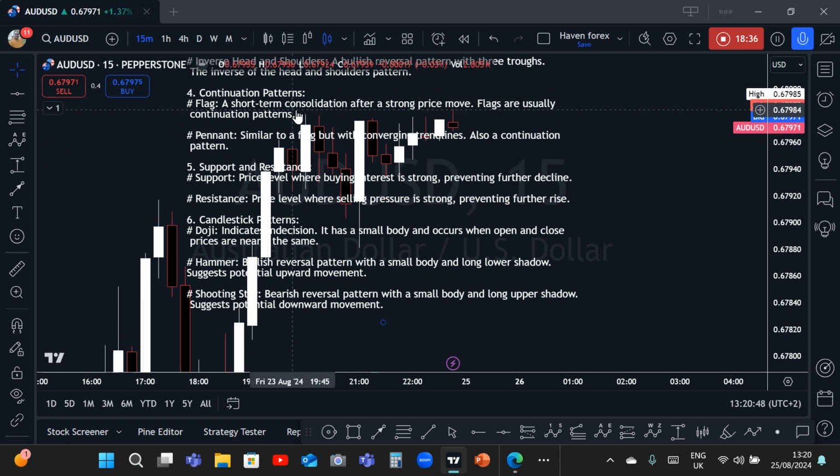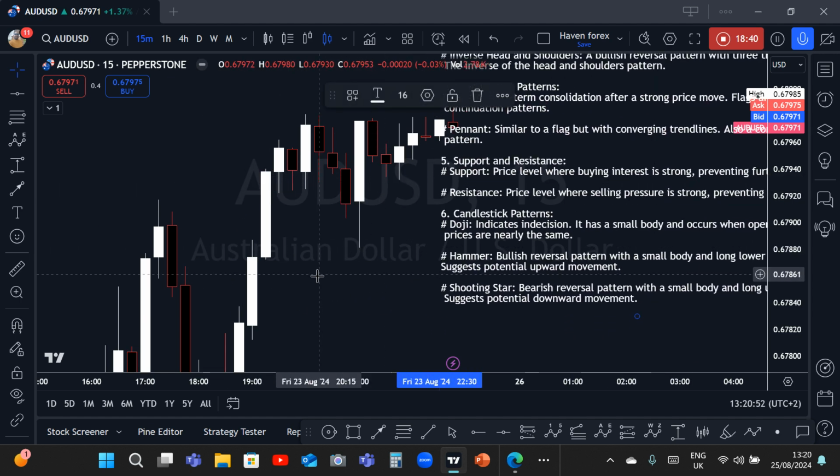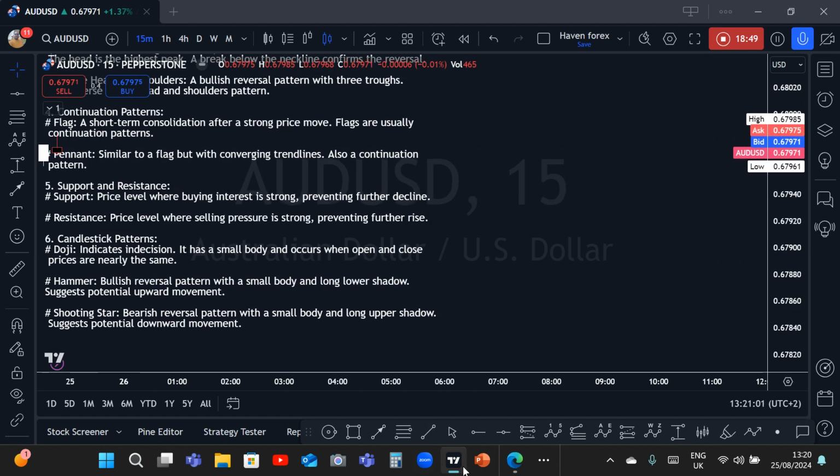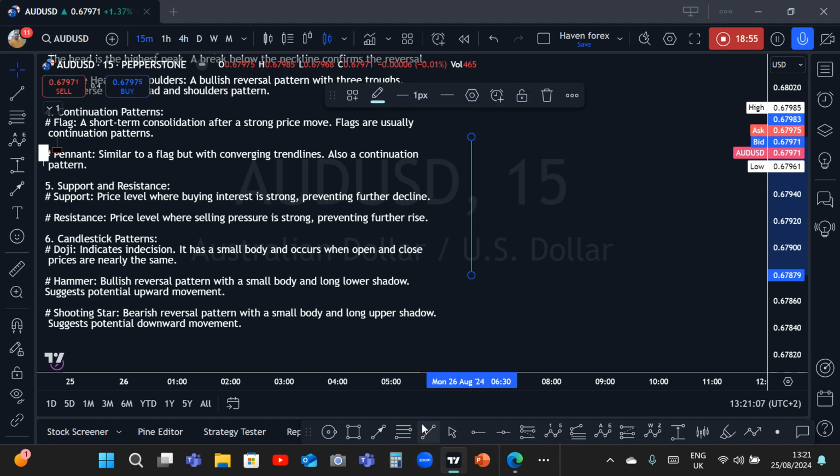A short-term consolidation after a strong price movement. Flags are usually continuation patterns. You just see something like this. After the trend has moved upward, you now see a formation like this. It will now go up like this.